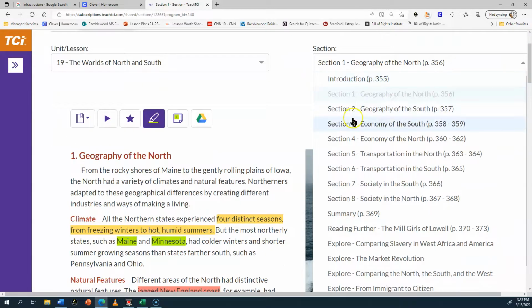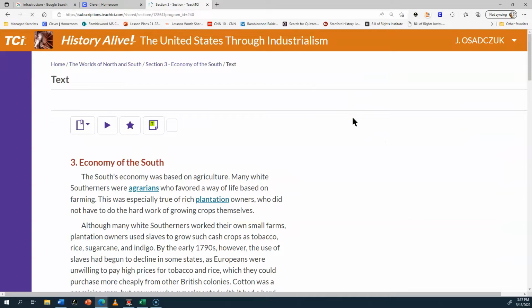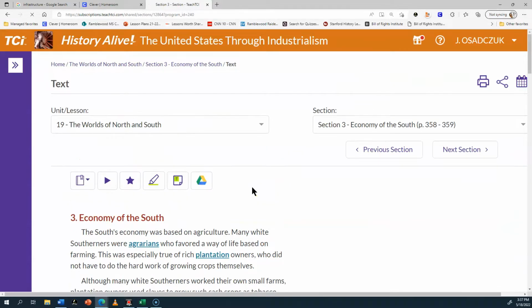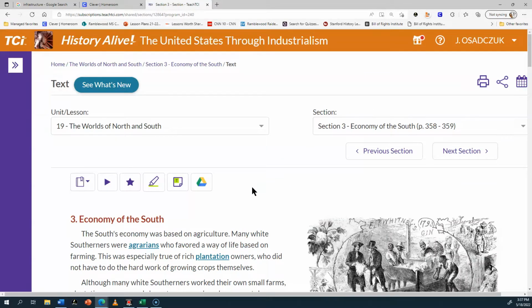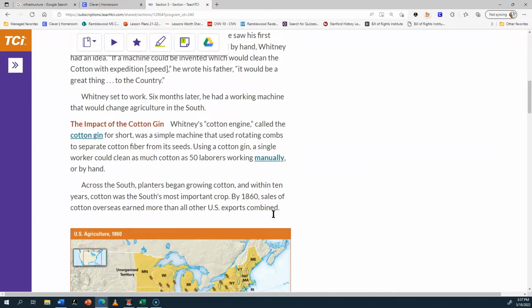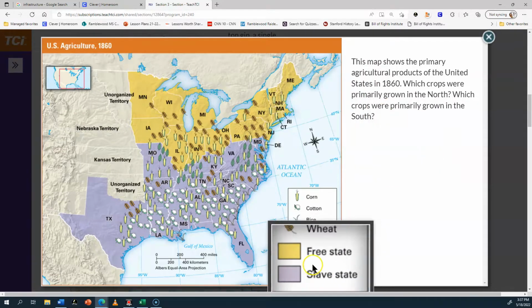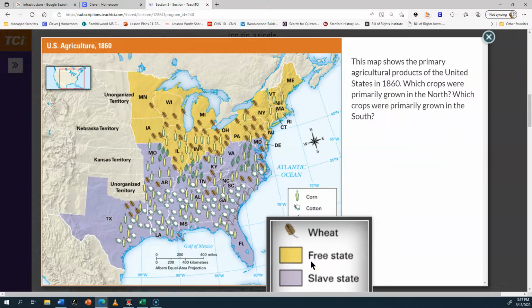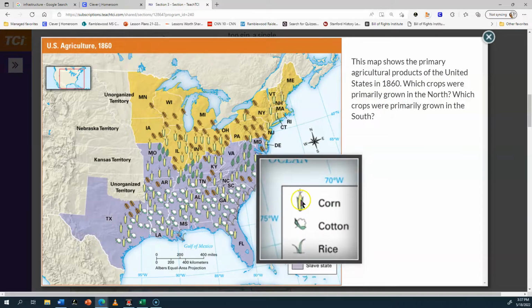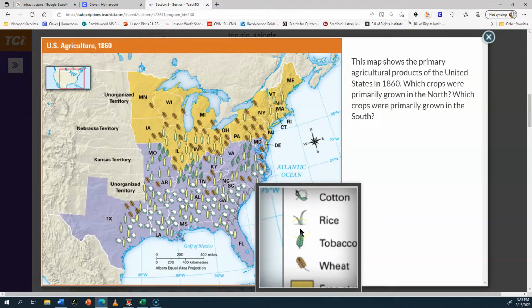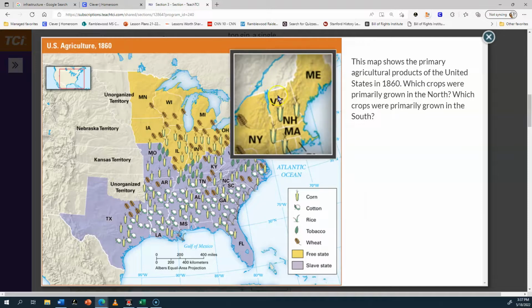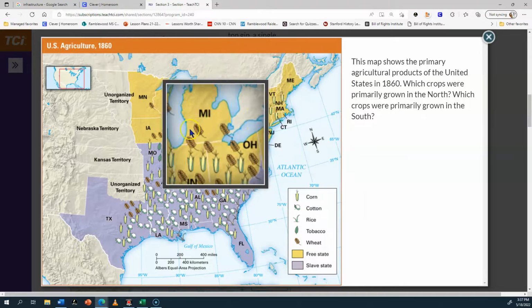You think it would, but that's going to talk about the natural landscape. But if I look at any of the other sections in the book, it will give me a map. And the map is not only useful, but it should not be the only thing you use. It shows you agricultural products grown, and then it shows you all of your states.